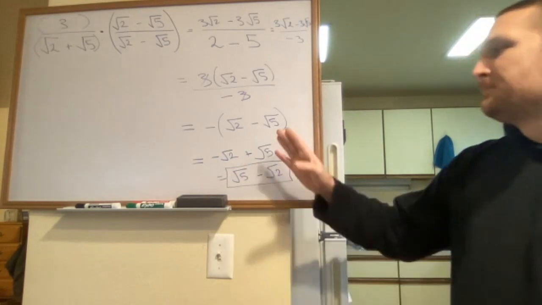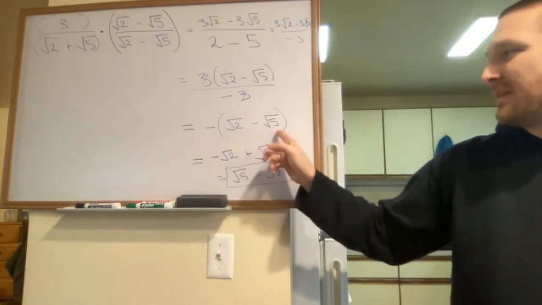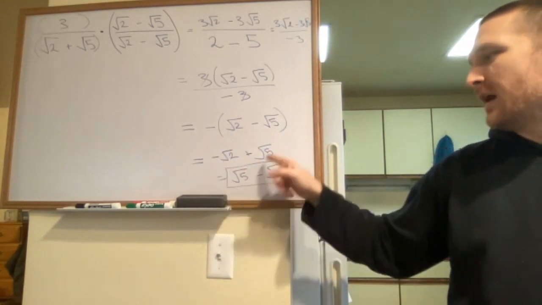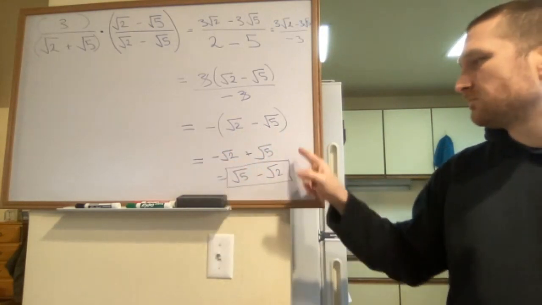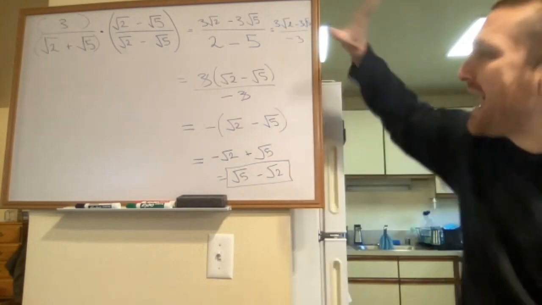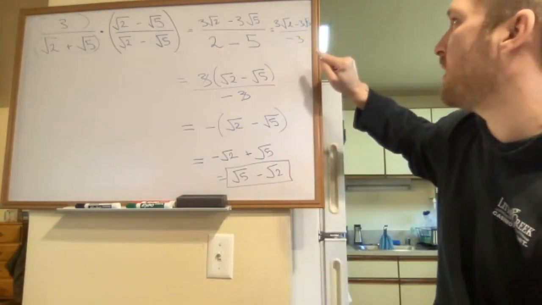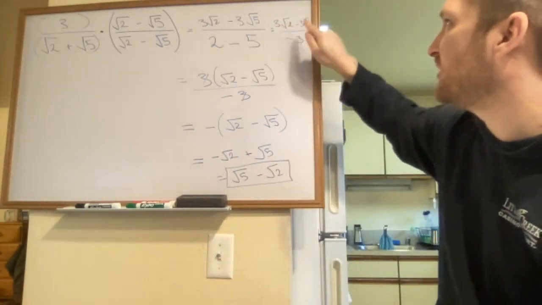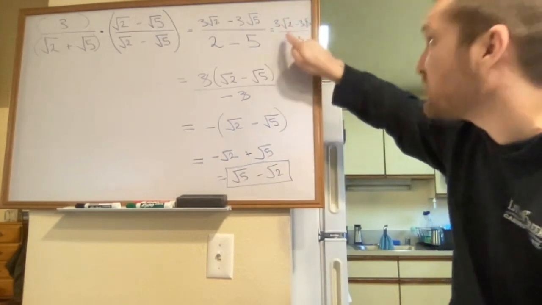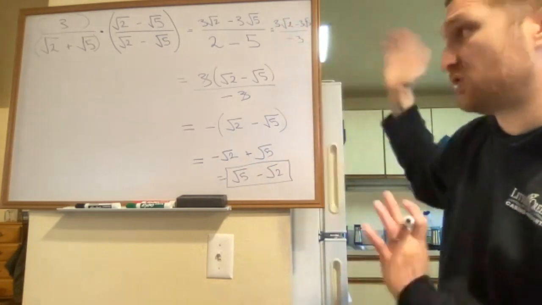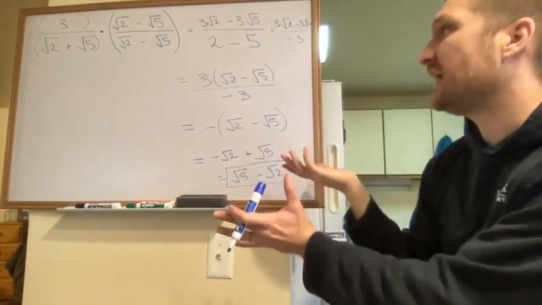But if you end up with something like this, I would like to see one of these be the case. This happened to work out this way where we had a common factor that actually killed the denominator, which is cool, and so we should take advantage of that.